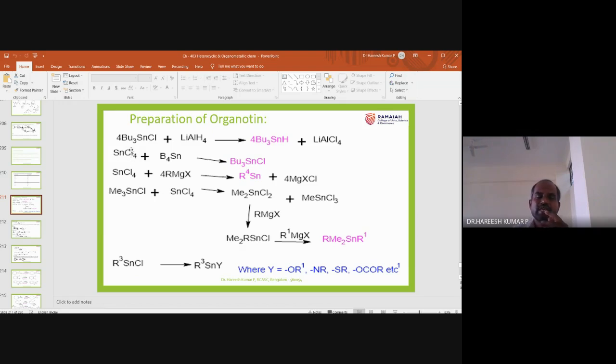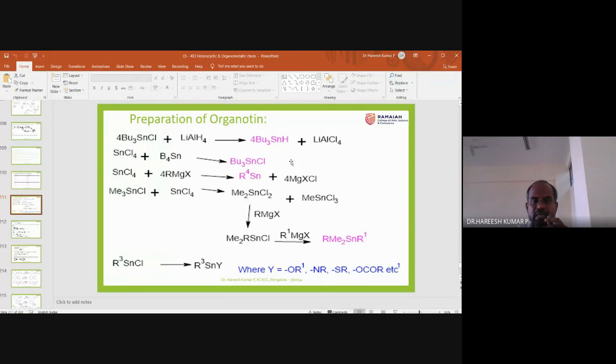SnCl4 is stannic chloride. SnCl4 is a solid, and tetrabutyl tin is used, which reacts with the stannic chloride forming tributyl tin chloride.